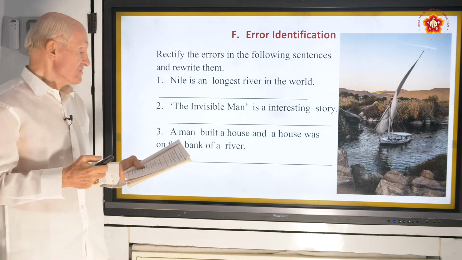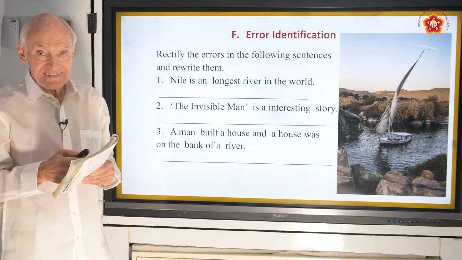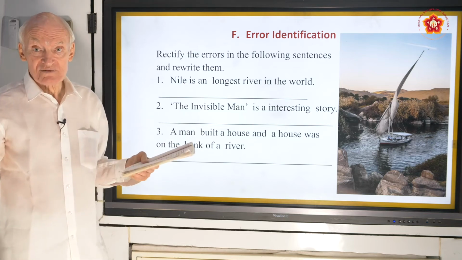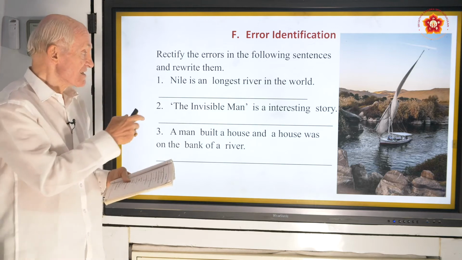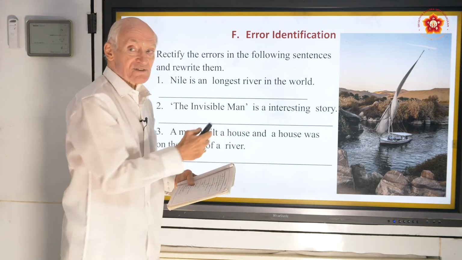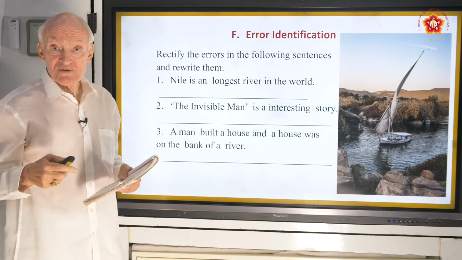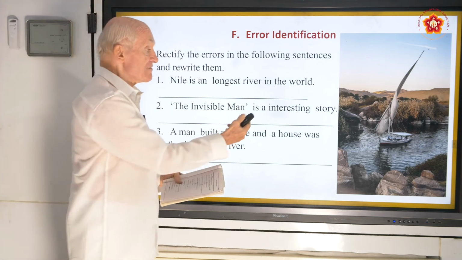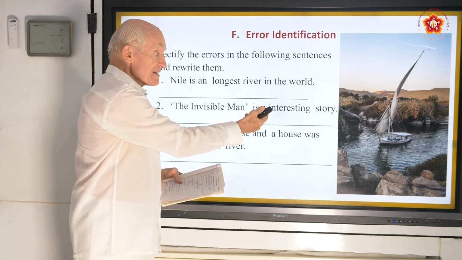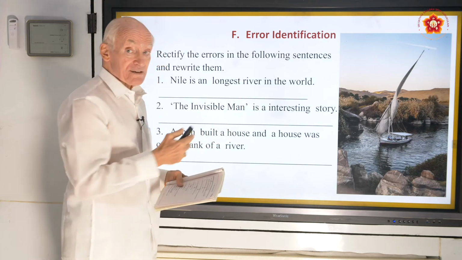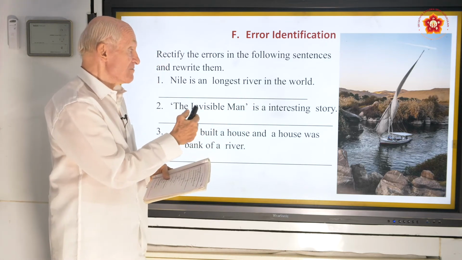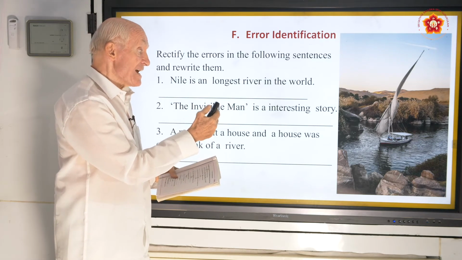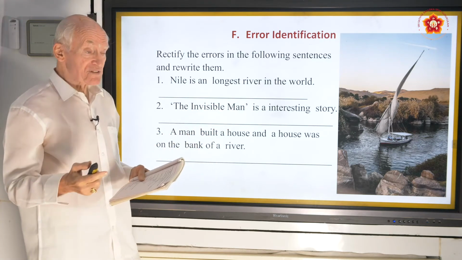Let's go to number 2. The Invisible Man. It's a book, it's also a movie, an interesting story. But it says here, "is a interesting story." We go back to our rules. What are our rules? If we have a vowel here that sounds like a vowel, we have to use an. So we use "Invisible Man is an interesting story," not "a interesting story."